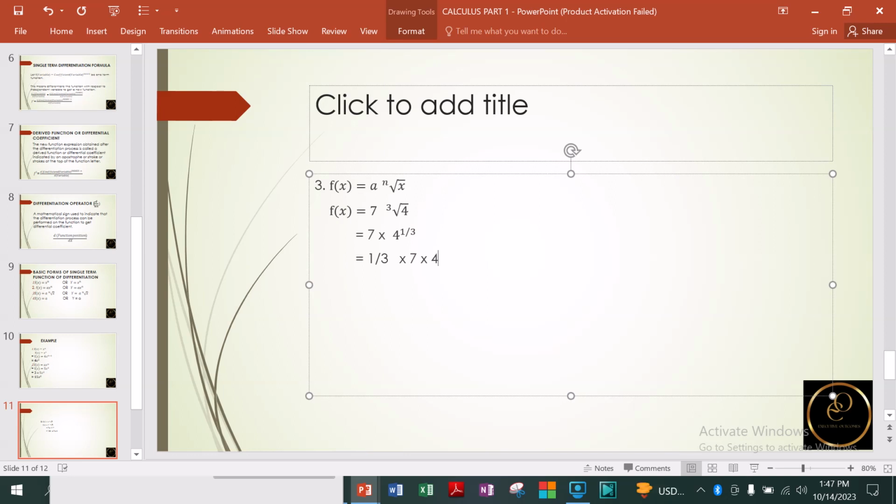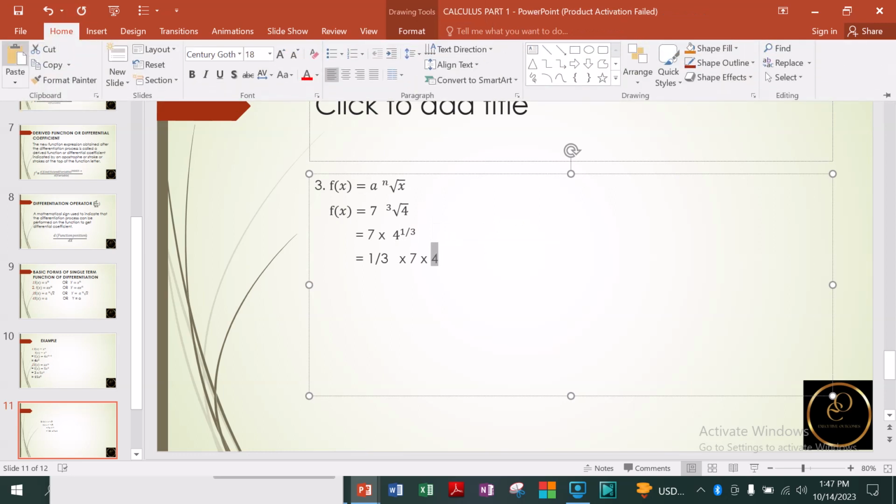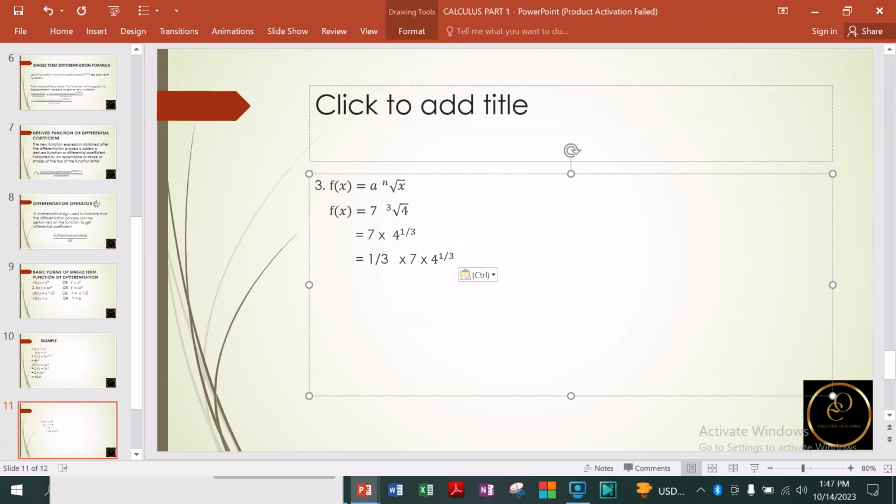So if you have that, what are you going to have? Let's put it this way. In this part, we are saying reduce this by 1 as a power.